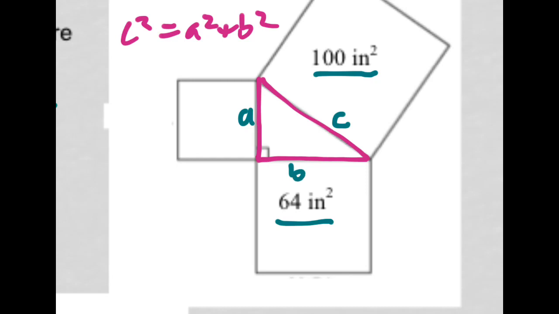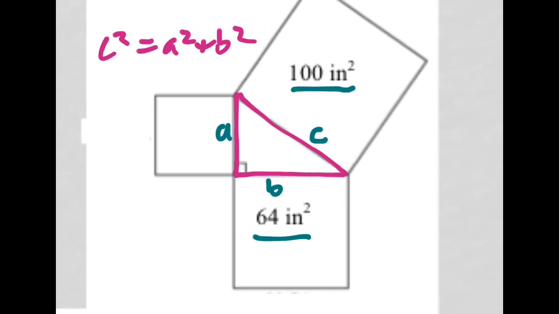All right. If we have the area of this square, then we also know what the side is, and that would give us the C of our triangle. So we basically have to take the area and square root it. Why?